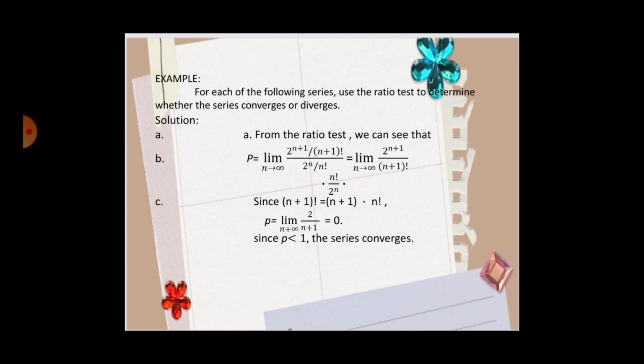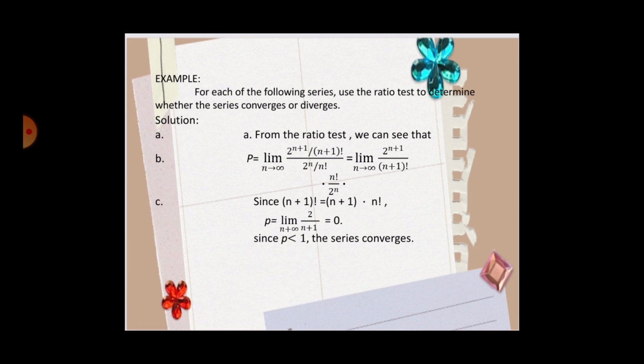So A, from the ratio test, we can see that p equals the limit as n approaches infinity of 2 raised to n plus 1 over n plus 1, divided by 2 raised to n over n, which equals the limit as n approaches infinity of 2 raised to n plus 1 over n plus 1 times n over 2 raised to n.